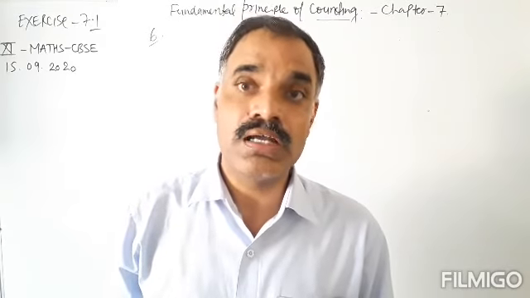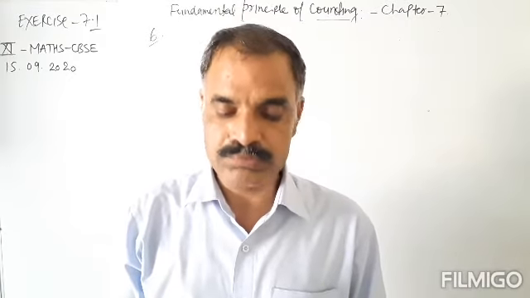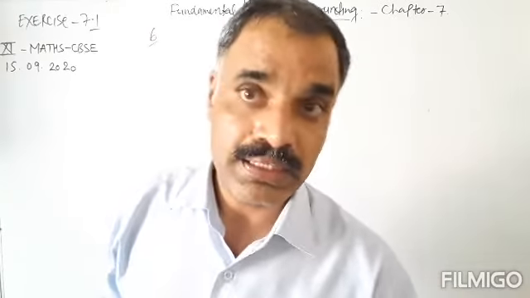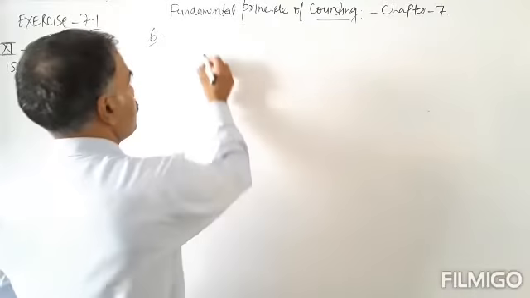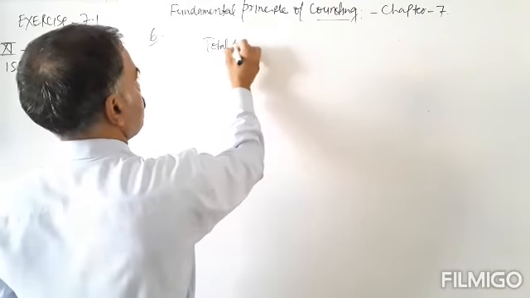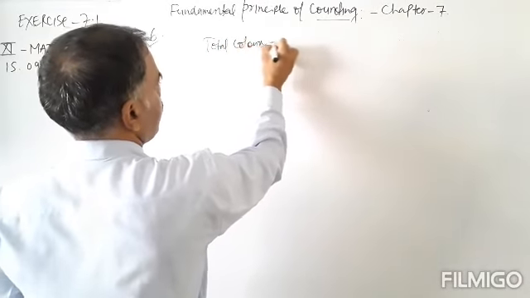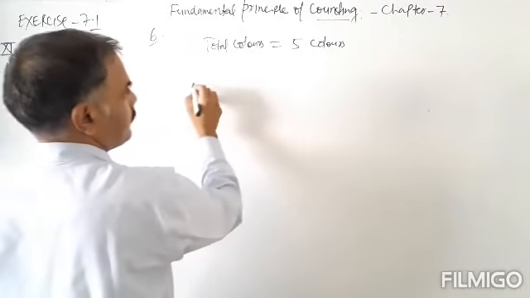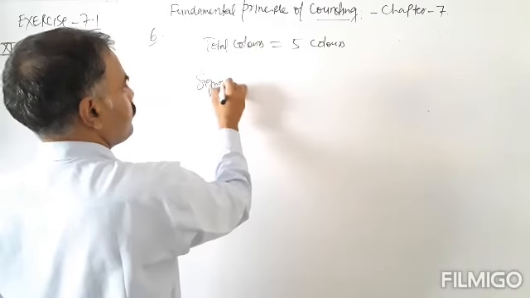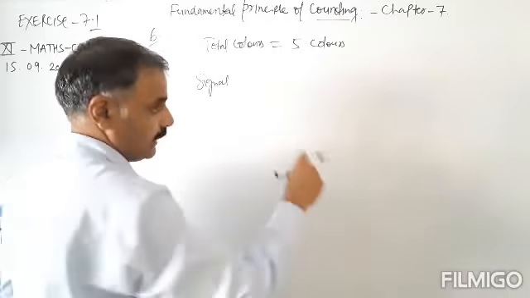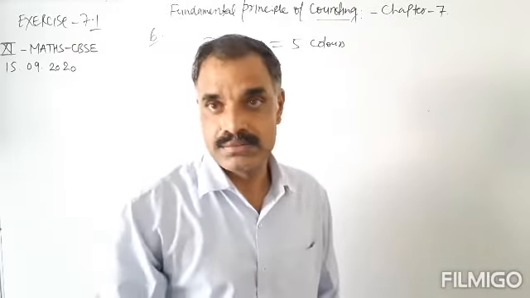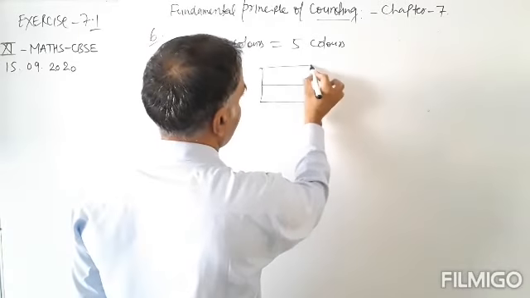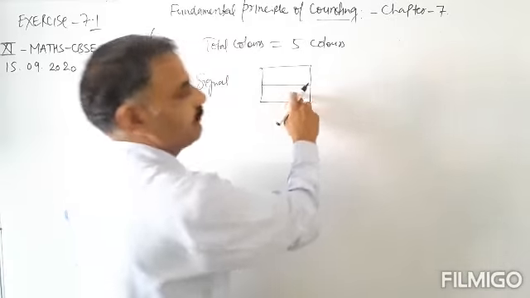Each signal requires the use of 2 flags, one below the other. Total colors that we have are 5 colors, and we have to generate a signal using 2 flags, one below the other. First flag, second flag.